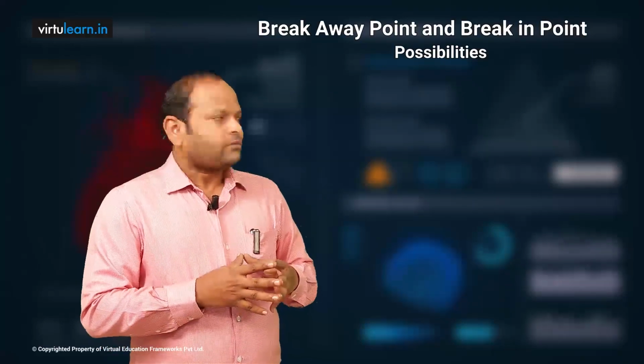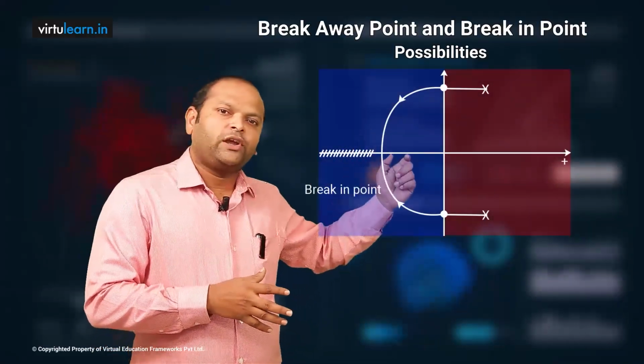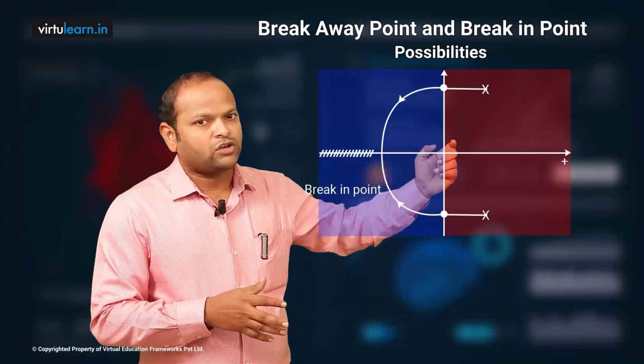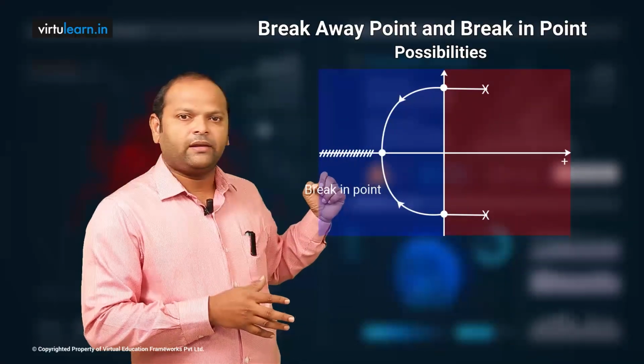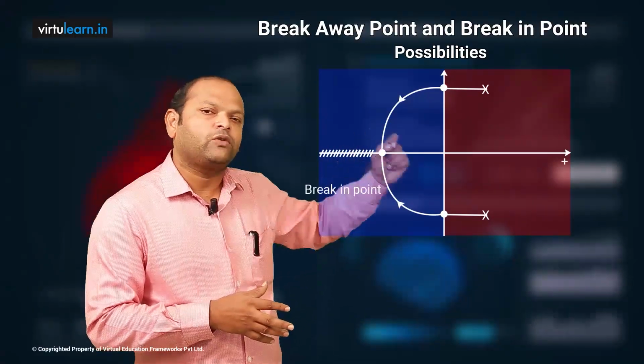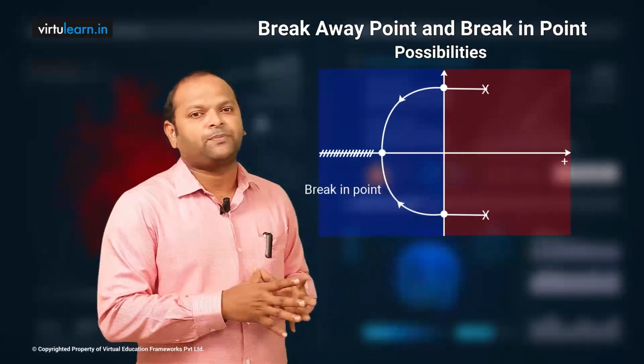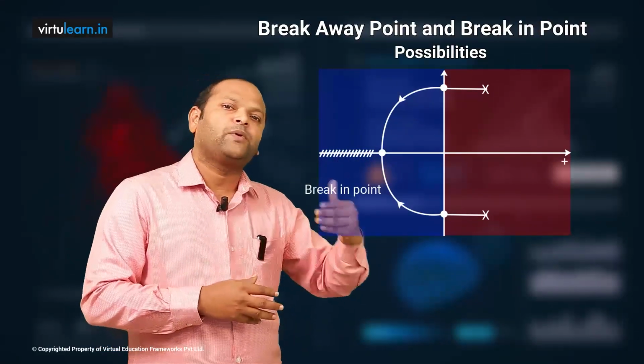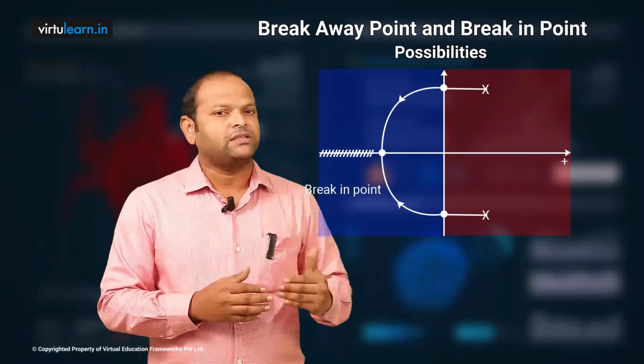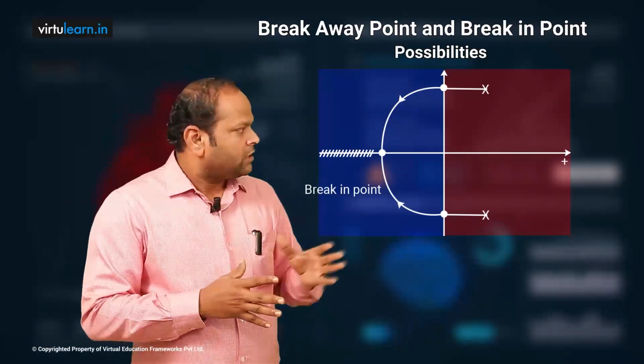The first one: if the starting point of one of the root locus branches lies in the left of the S-plane and the ending point lies in the right of the S-plane, then there is a possibility of having an imaginary crossover point.